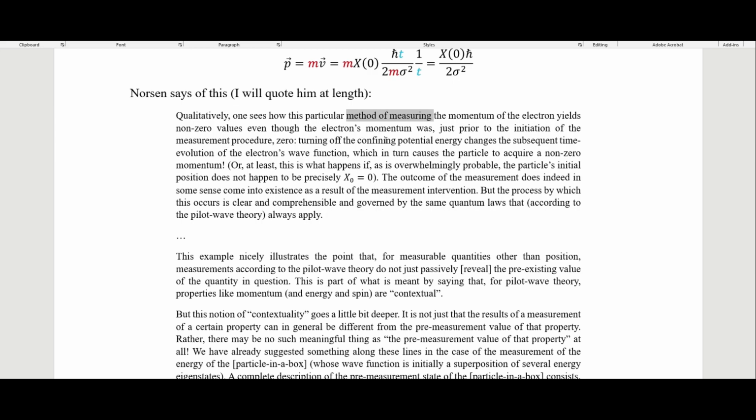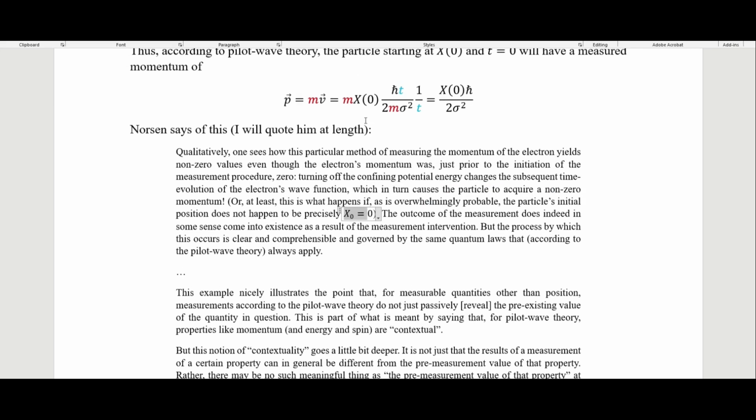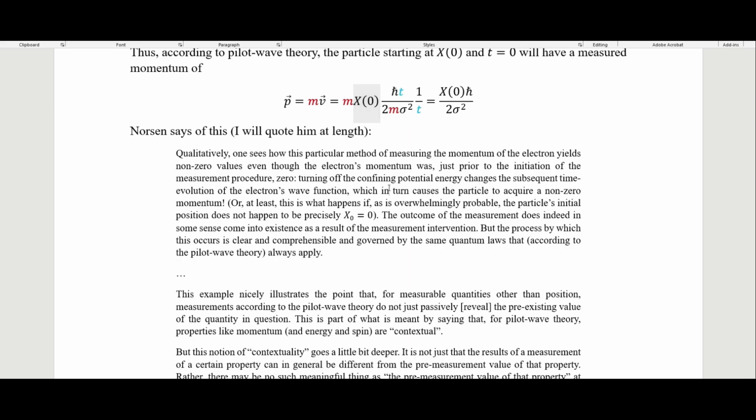"So turning off the confining potential energy changes the subsequent time evolution of the electron's wave function, which in turn causes the particle to acquire a non-zero momentum, or at least this is what happens if, as is overwhelmingly probable, the particle's initial position does not happen to be precisely" the symbol where I was using x of 0 right here. But he's saying that we don't know to arbitrary accuracy what the actual initial position of the particle was.